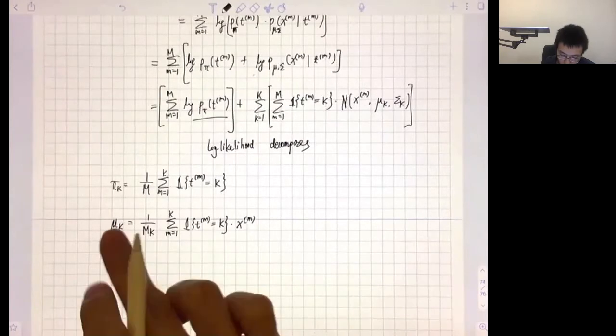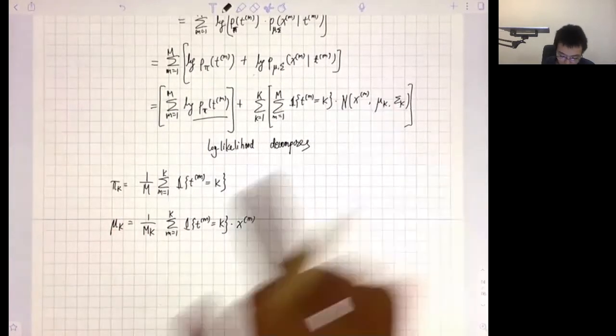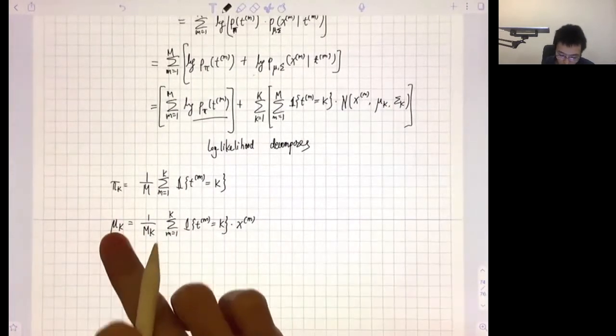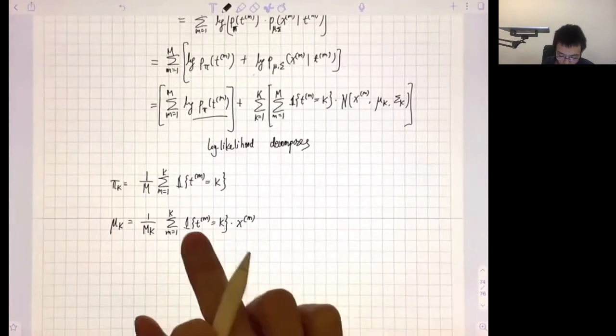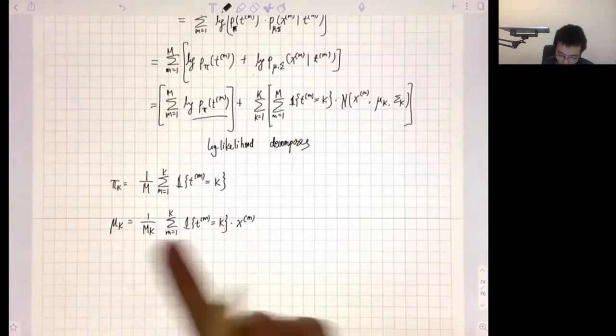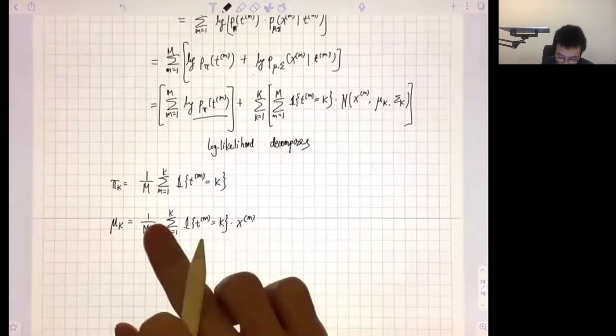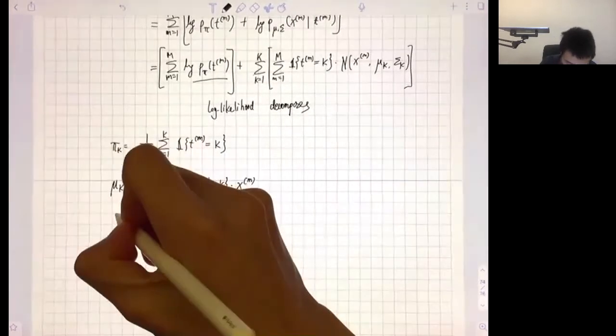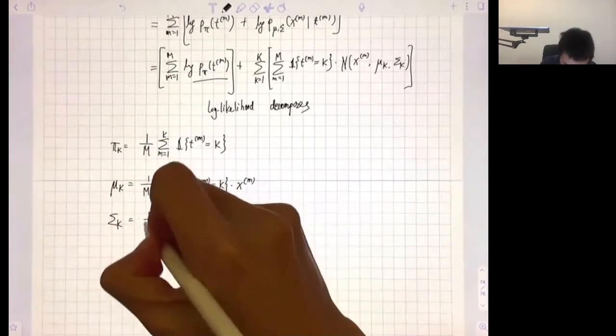So this is the maximum likelihood estimation for the Gaussian, where the mu, the mean, is the sample average, okay? So I only care about the samples in that category for this mu, okay? Then I take the average, and the sigma k is similar.